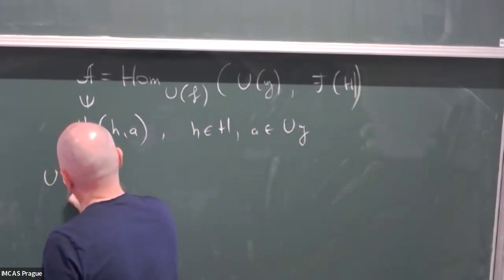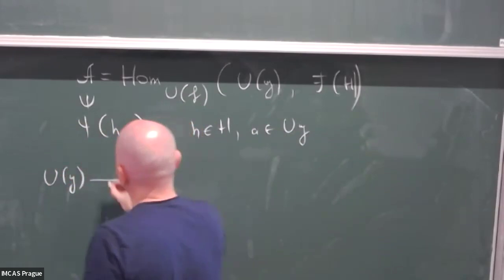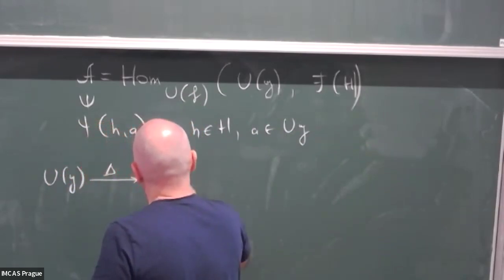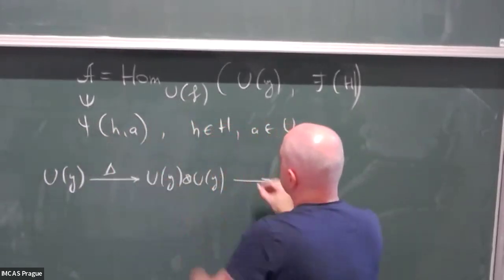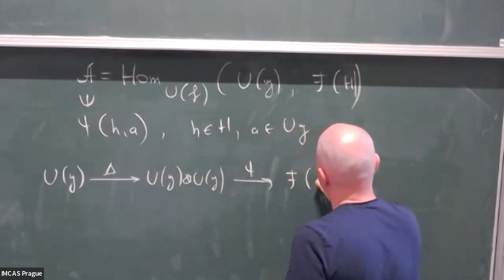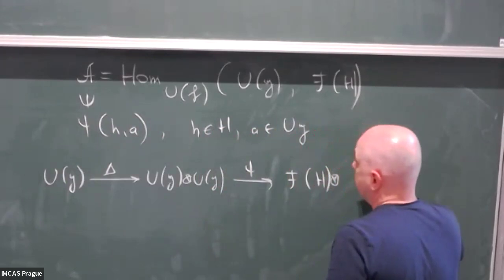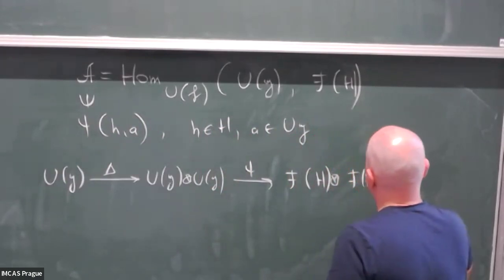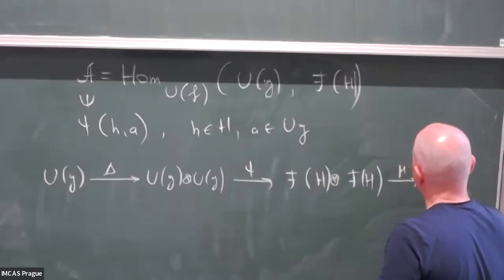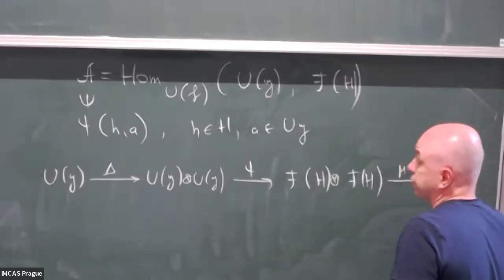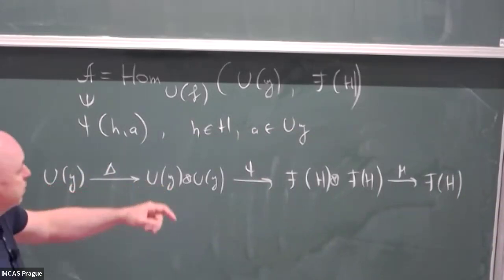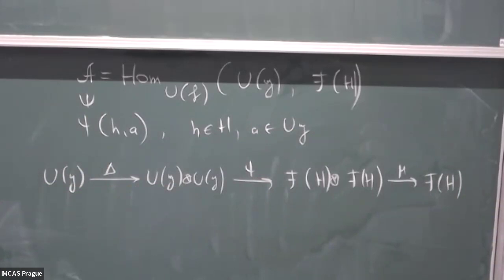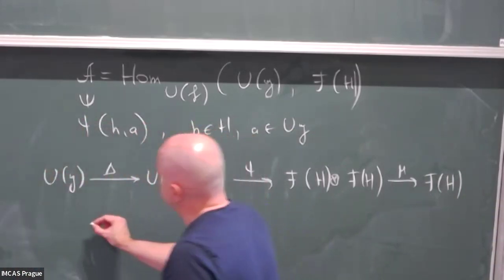Take U(g), take the co-multiplication map to U(g) tensor U(g). If you apply a map psi here, we obtain an element in F(H) tensor F(H). Then we use just the usual multiplication here, and we get an element in F(H). This is the way we obtain the multiplication of two functions, and then the co-multiplication is slightly more complicated.